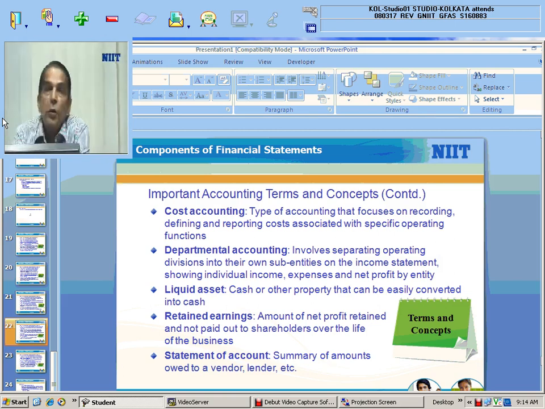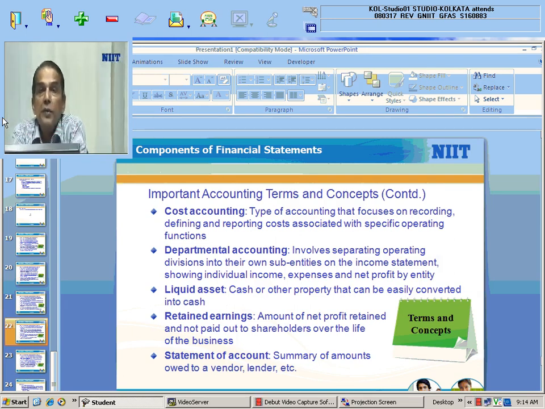A business needs to know the cost of the various kinds of products it is producing and the various kinds of services it is rendering, because ultimately the business has to know whether the cost it incurs for a particular product or service can be recovered through the pricing of those products and services. So they must know how much cost is incurred for a particular product or service. For that, cost accounting is needed.